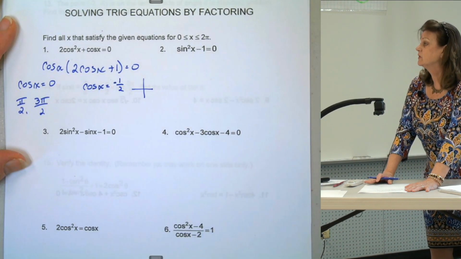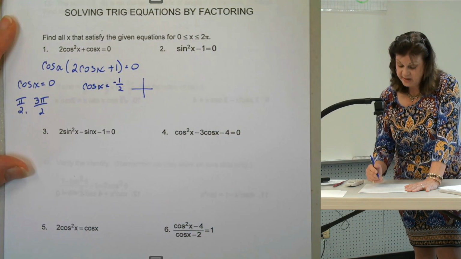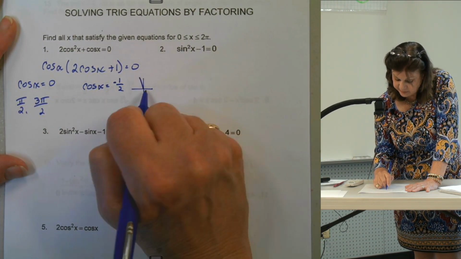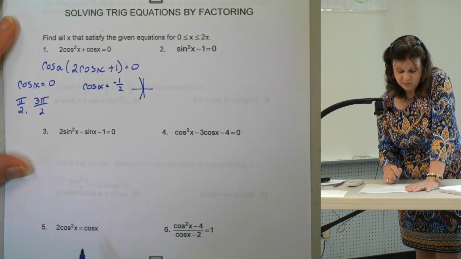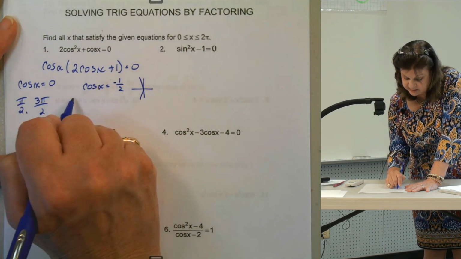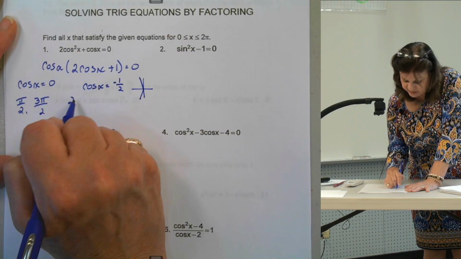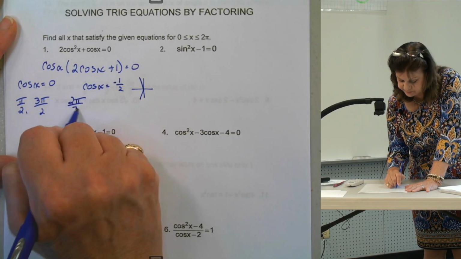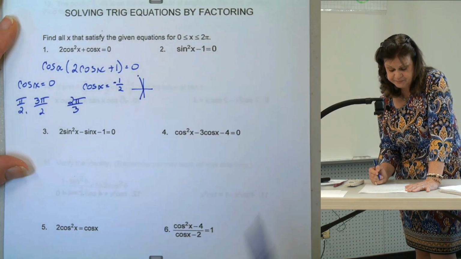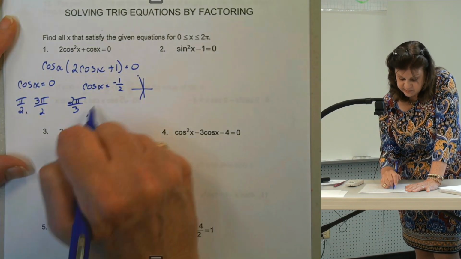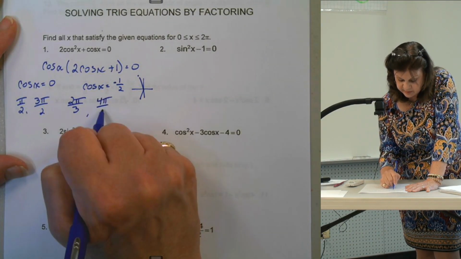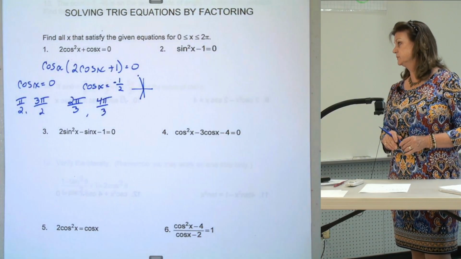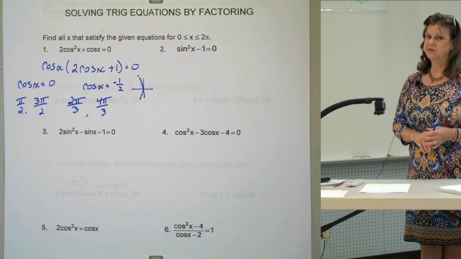Cosine is negative in quadrants 2 and 3, and we're one step off of 0, so we're at 2 pi over 3, excuse me, right here, and 4 pi over 3. So I have 4 answers there that make that true.